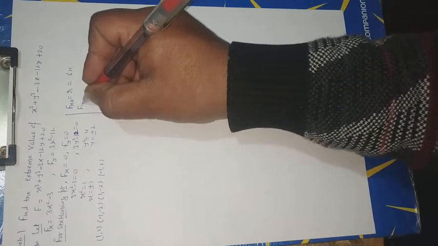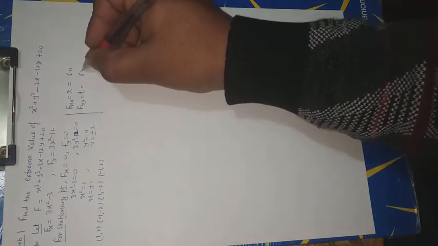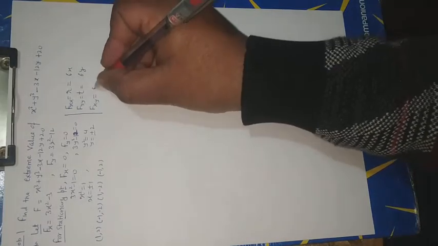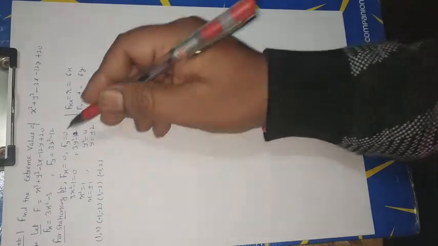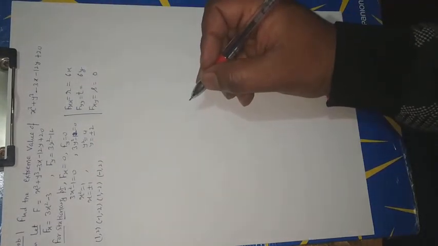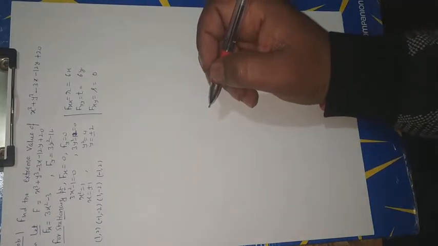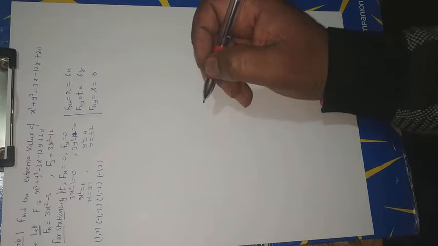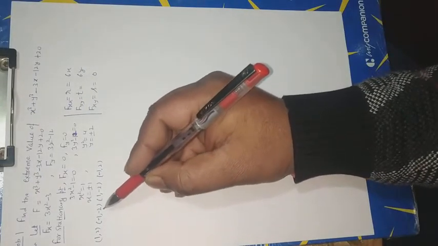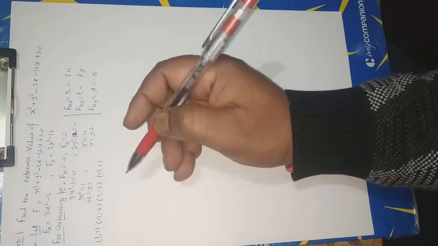Now fyy, denoted by t, is equal to 6y. Now fxy, denoted by s, is equal to 0. Okay student, now we investigate the extreme value at the given points. There are 4 stationary points: (1, 2), (-1, -2), (1, -2), (-1, 2).